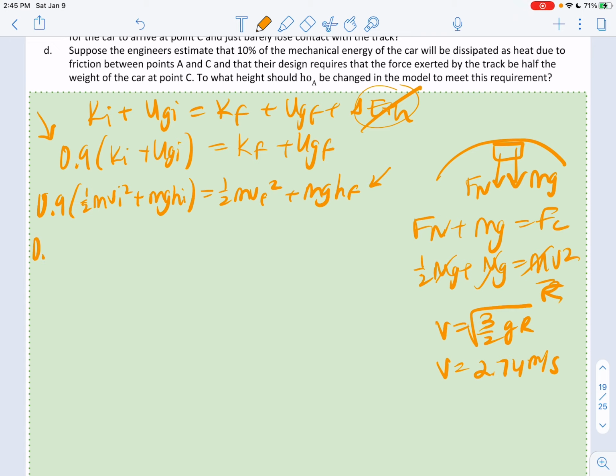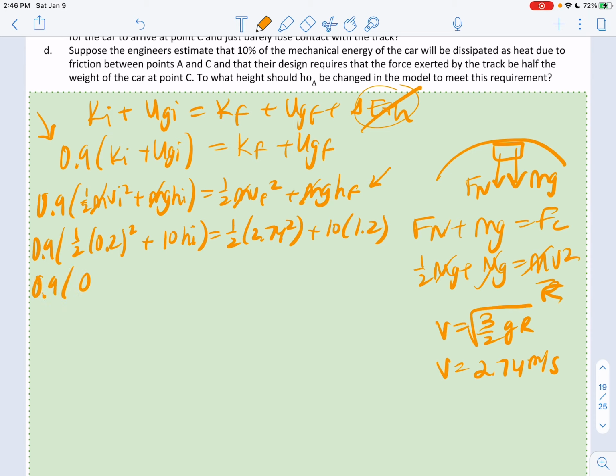So 0.9, 1/2, all those m's are going to cancel again, squared plus 10hi equals 1/2, 2.74 squared plus 10, 1.2. I'm certain that you can crank the math out by yourself. 0.5 times 0.2 squared, which was literally nothing.